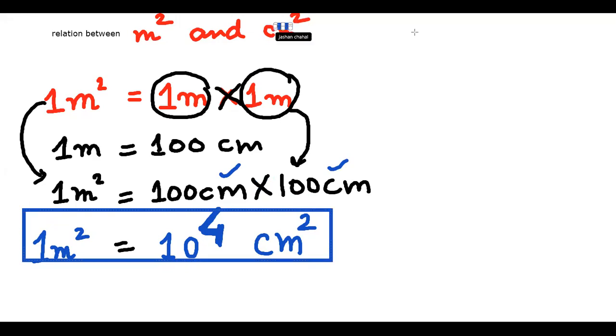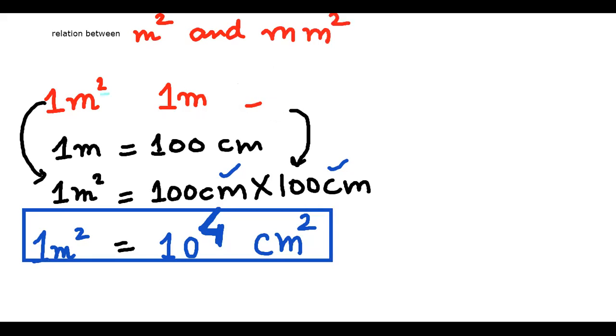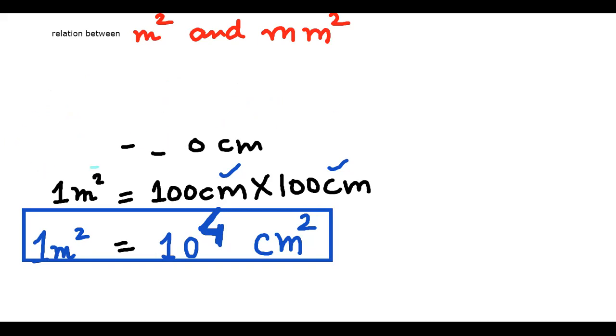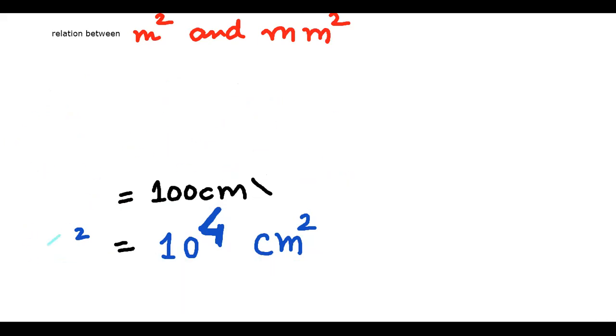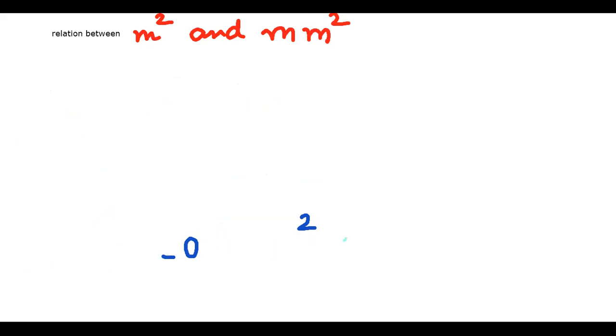Now similarly, let us do one more conversion. I will be telling you the relation between meter square and millimeter square. Millimeter is a small quantity and meter is a big quantity.